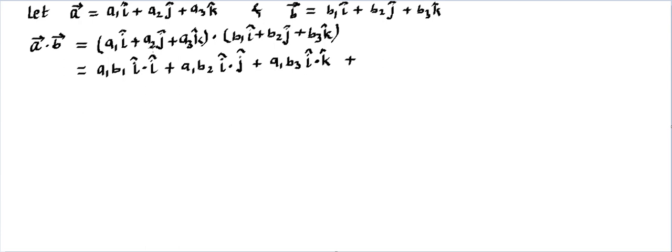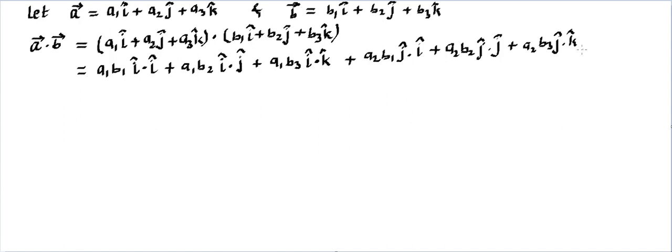Let's take this middle term a2 j and multiply with this. So next we'll be getting a2 b1 j cap dot i cap. Then it will be multiplied with the next, so it will become a2 b2 j cap dot j cap. Then we can take this and multiply with the last one, so it will become a2 b3 j cap dot k cap. This is how j cap will be multiplied, and 6 terms we have got.